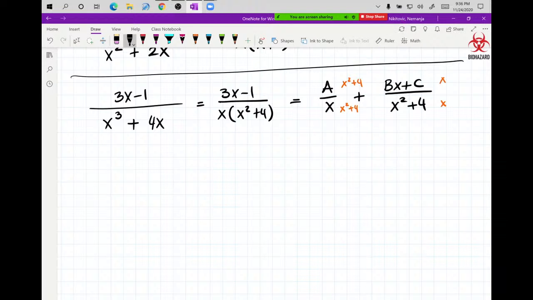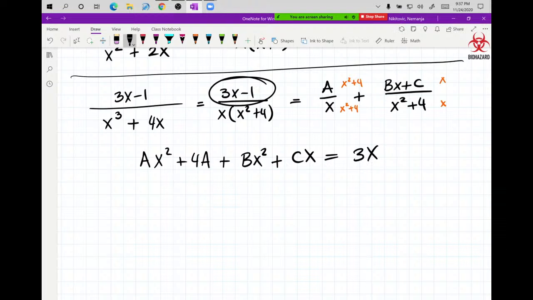Now, obviously, for details, you can go and watch the full partial fraction decomposition lecture where all of this is outlined in the greatest detail. So now you have A x squared plus 4A plus B x squared plus C x equal to 3x minus 1.